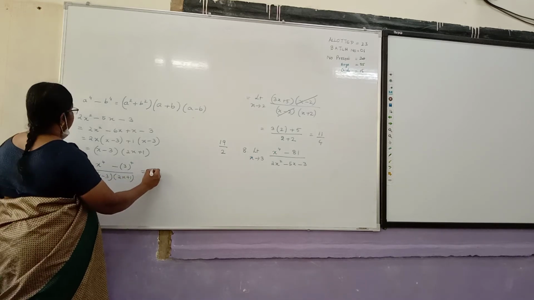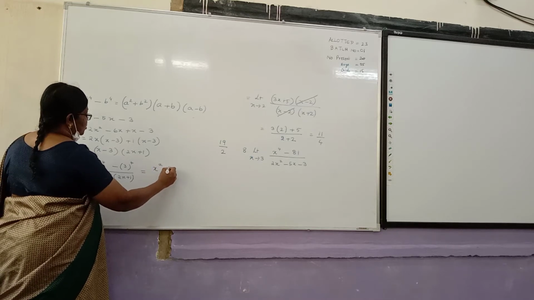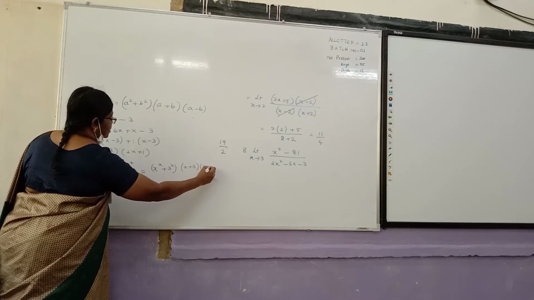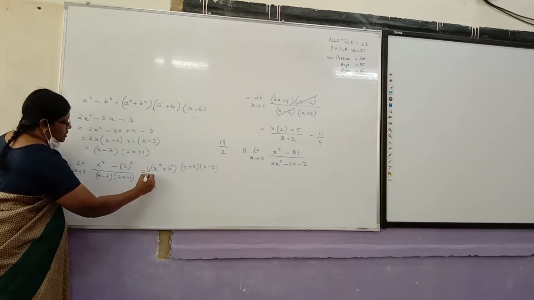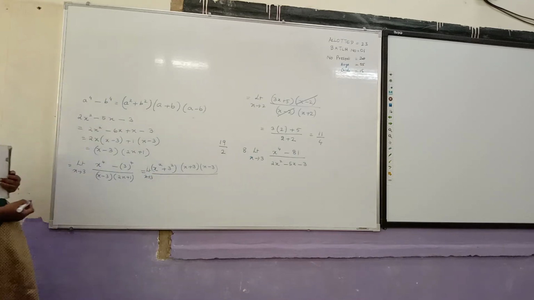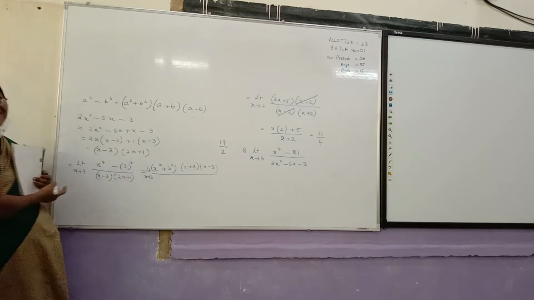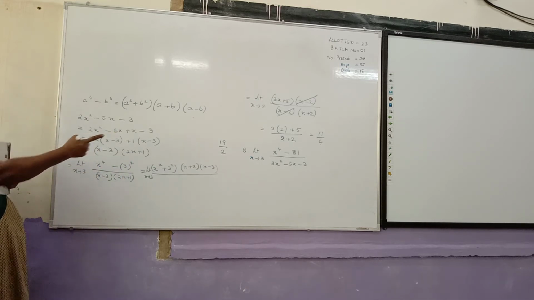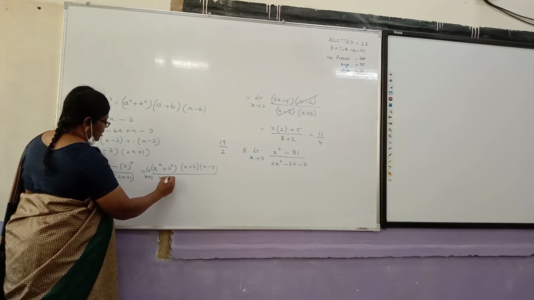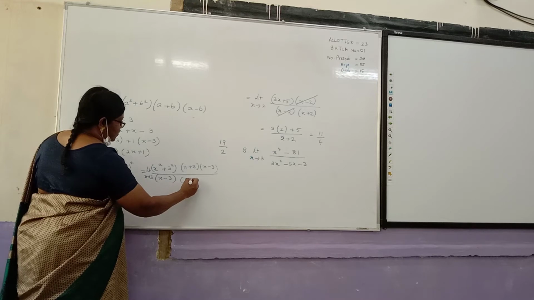So by this formula, the numerator is (x square plus 3 square) into (x plus 3) into (x minus 3). 3 power 4 is 81. So I get x minus 3 into 2x plus 1.